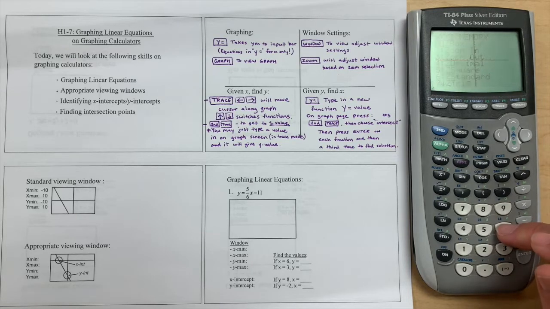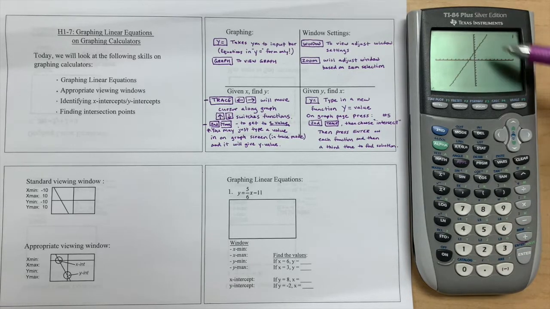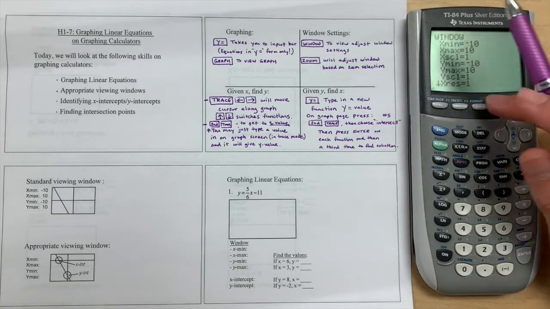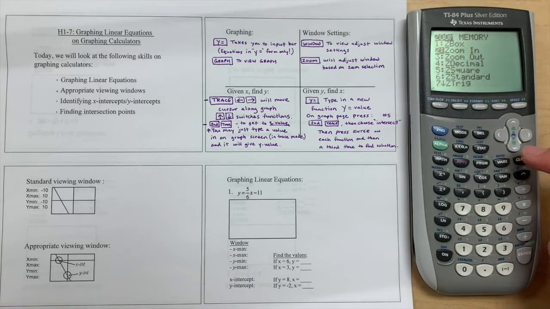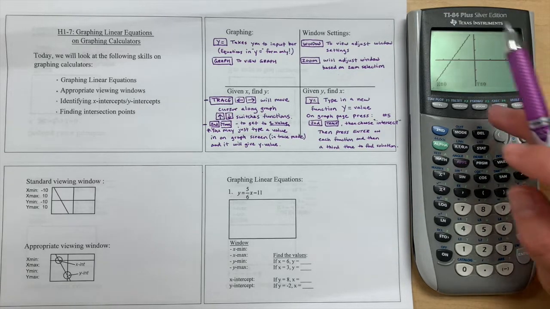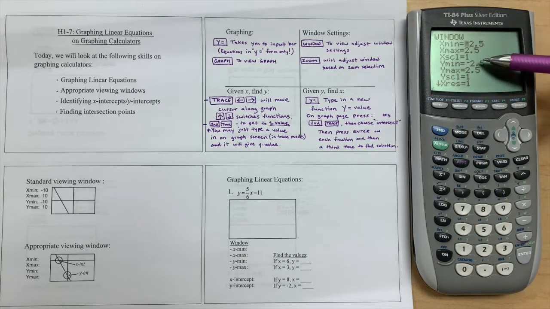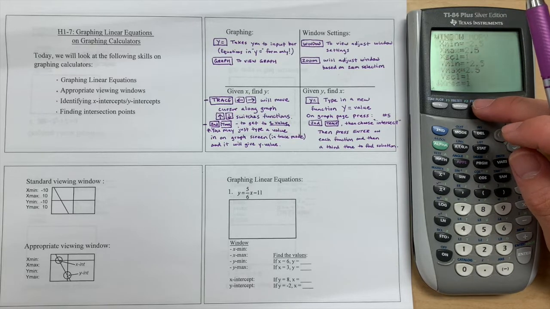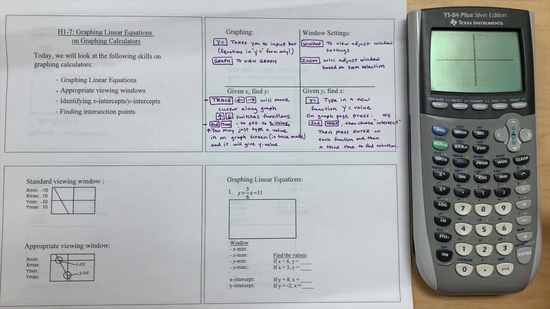If I press zoom 6, I always end up back at that standard window. So you see here, I can zoom in and out. Let's say I wanted to zoom in. If I just press enter, it's going to zoom in closer on my graph. Notice now my window has changed. Oh, I didn't want to do that. I need to go back to that standard window. I just press zoom, and then I press 6, and it takes me back.